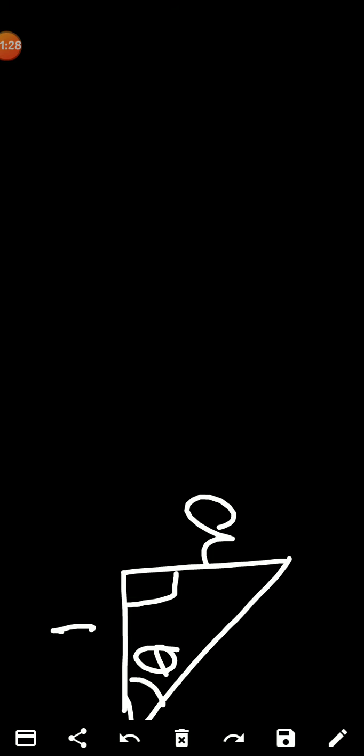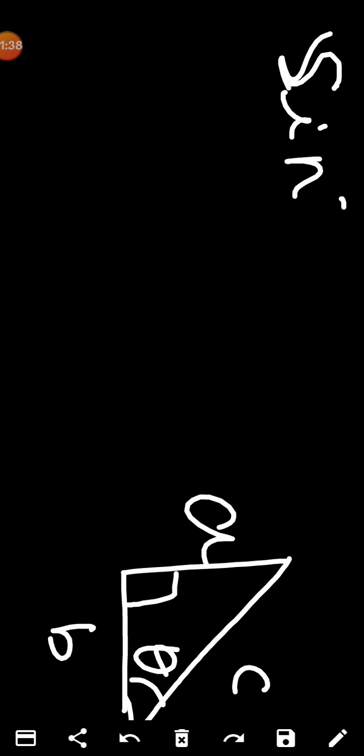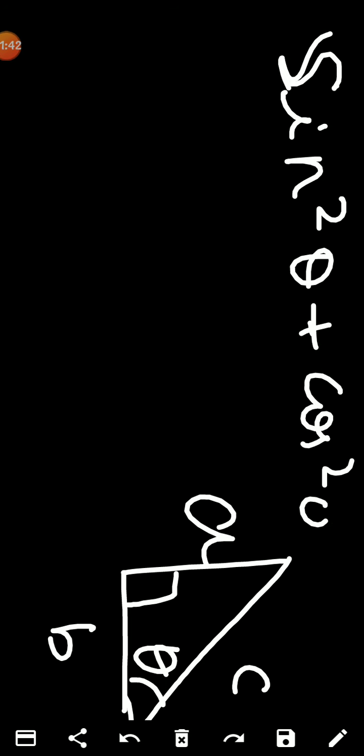So our right angle triangle should look more or less like this: A, B and C.